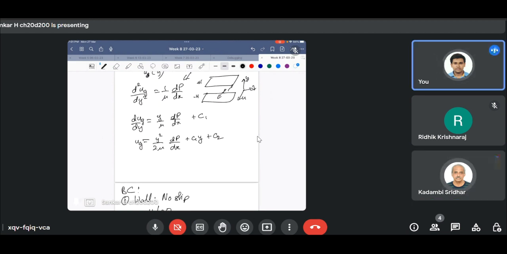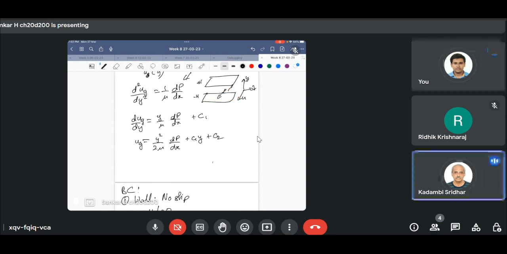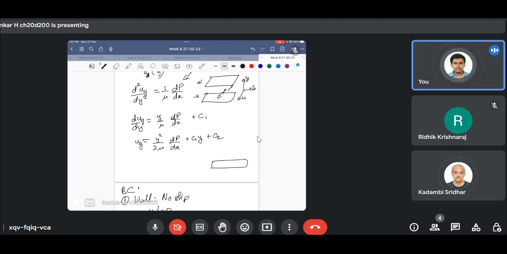Let me zoom in on this area over here. I'm getting a parallel plate setup over here. Let me zoom in like 100 times and look at just this particular region. When I zoom in, there will be a u velocity like this, and a u velocity like this, and in fact there won't be any velocity over here.